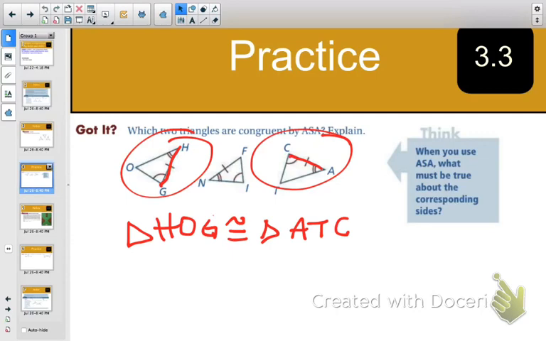Notice that the side with the 1 mark is between the 1 mark and the 2 marks on the angles. So the 1 mark is here on G, 2 marks on H, 1 mark here, 2 marks here. So that included side is between the same two angles. This one, your side is outside, it's not included. If it was this, then we could say all three are angle, side, angle, but that one is on the wrong side.